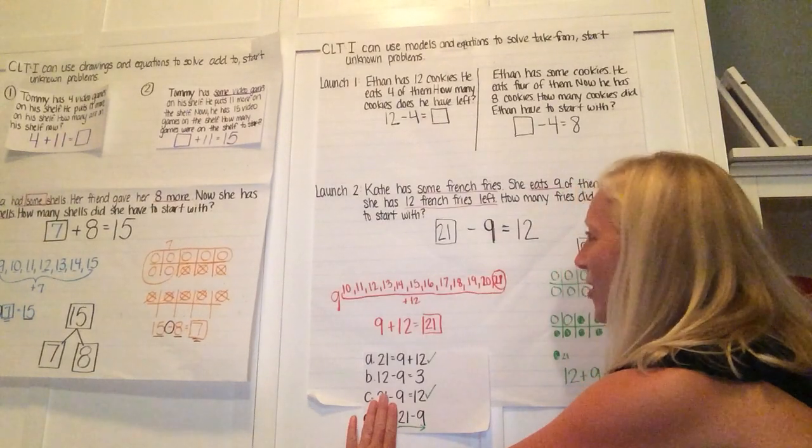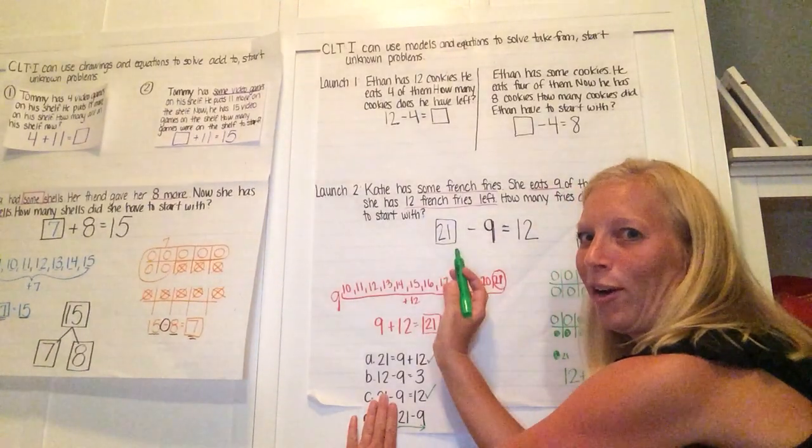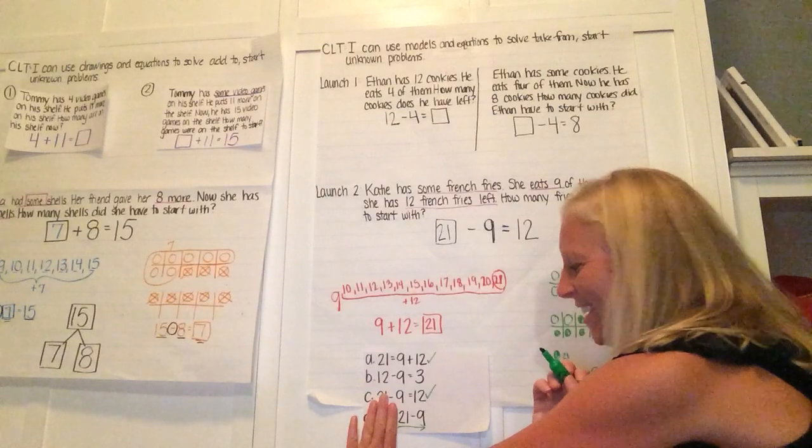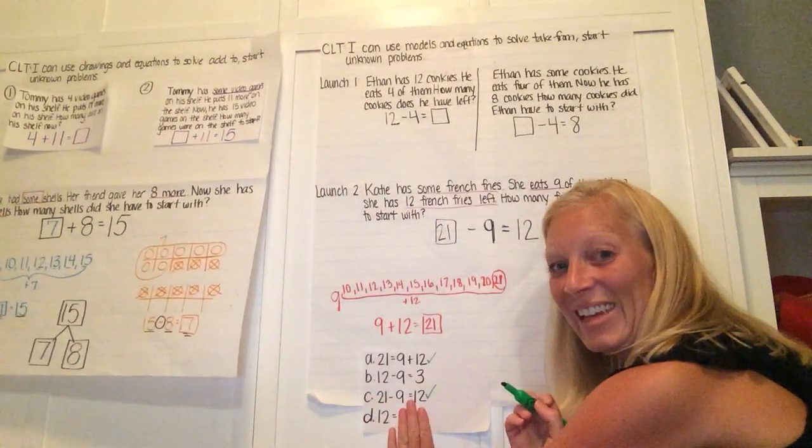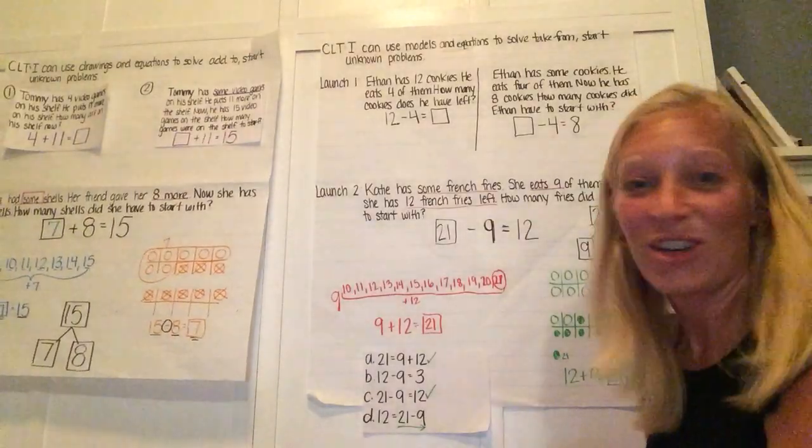Where have you seen that before? That's right. So 21 minus 9. Is it the same as 12? It is. So is that a good to go?